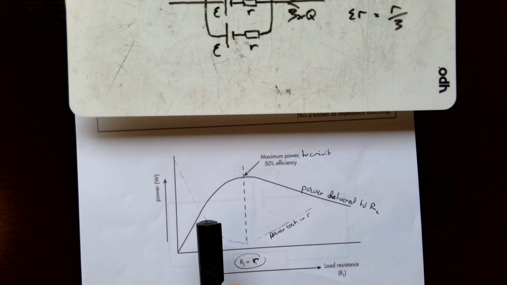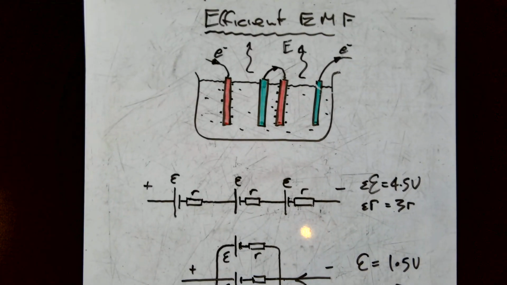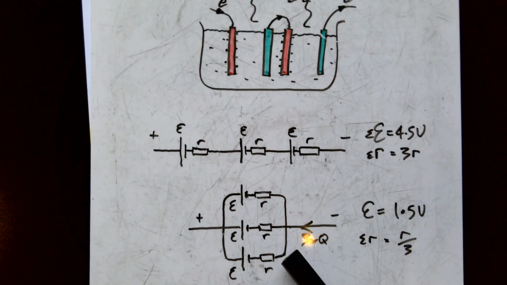In other words, circuits that need a lot of power. So, just like putting bulbs in parallel, putting cells in parallel is also the best way to deliver energy at a faster rate. Okay, so parallel circuits are going to give you greater power delivery, power given out by the batteries, bulbs, whatever you've got in your circuit, everything connected.